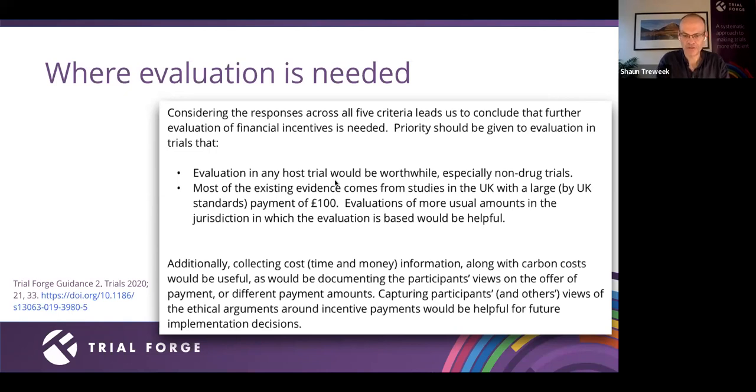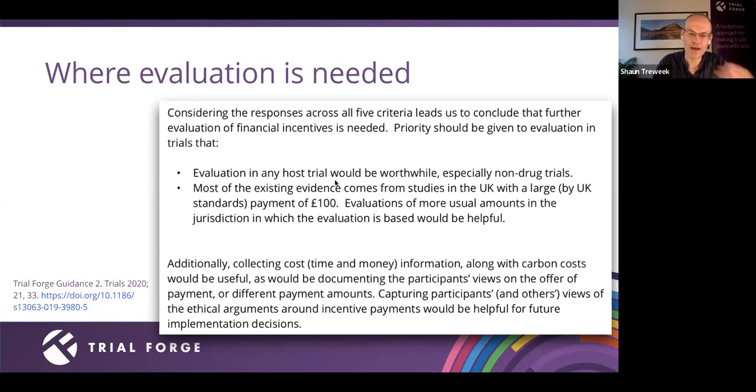We have some areas where we think it's important to look to see whether we have sufficient confidence in, for example, the certainty of the evidence to conclude that actually we don't need further evaluations. What's the context? What are the types of participant that we have in our body of evidence? Is that sufficiently broad that we conclude that we don't need further evaluation, for example?